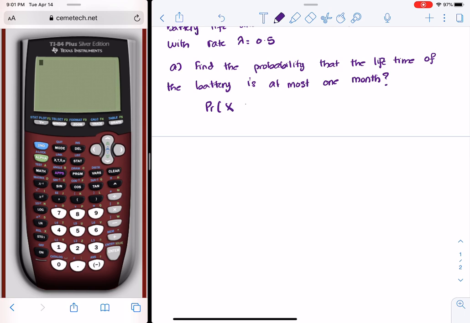We're saying x is less than or equal to a month, which is 1/12 of a year. So if I put it in the formula, I have 1 minus e raised to negative 1 over 12 times 0.5.